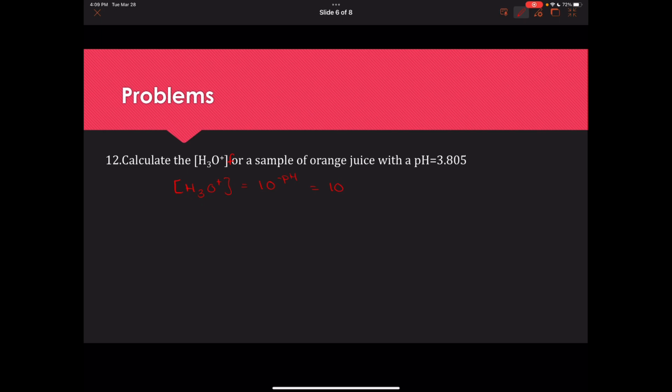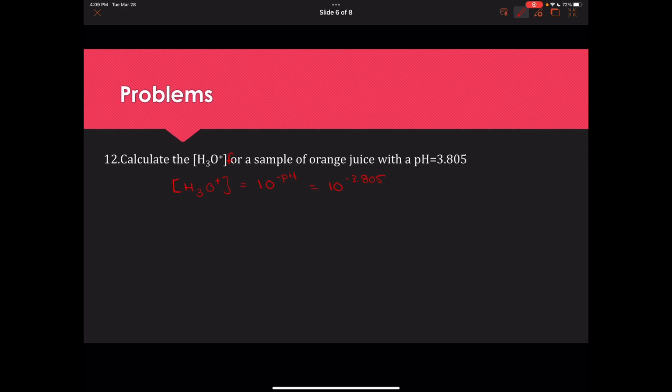So we would have 10 to the negative 3.805, which is going to give me a concentration of 1.57 times 10 to the negative 4th molar.